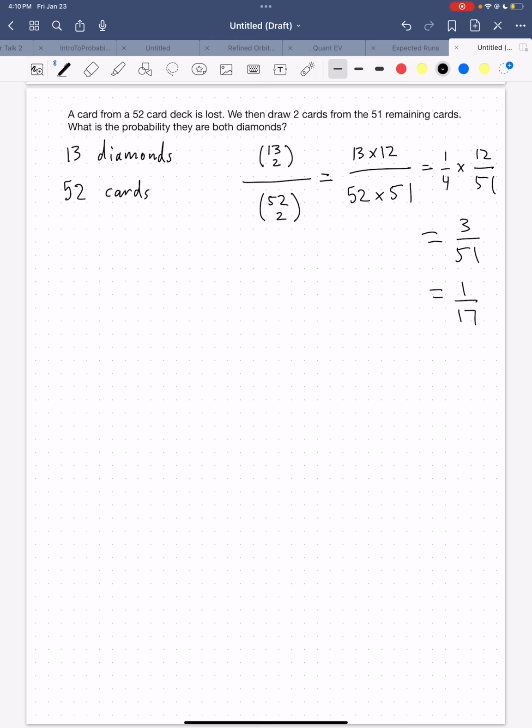Okay, but now, if you don't believe me, or if that was kind of too clever, we can always use conditional probability. So if you're like me and you don't like to be clever because you're prone to making mistakes when you try to be clever, you can always do things in a very principled way, kind of.